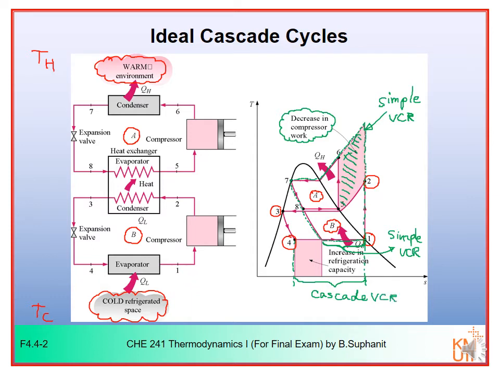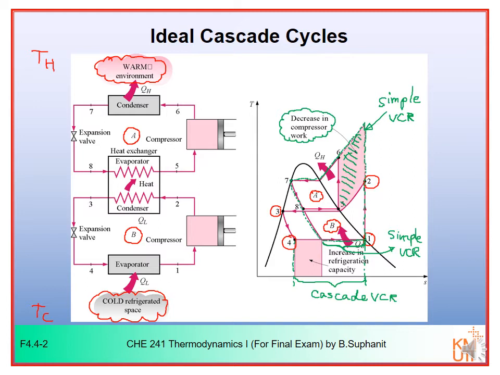So you can see that you have an obvious benefit in terms of the increase in the refrigeration capacity when you change from the simple VCR to the Cascade VCR. So you have two direct benefits here. You will require less compressor work, and you can increase the refrigeration capacity in the Cascade VCR here.